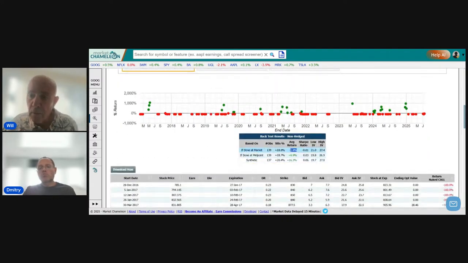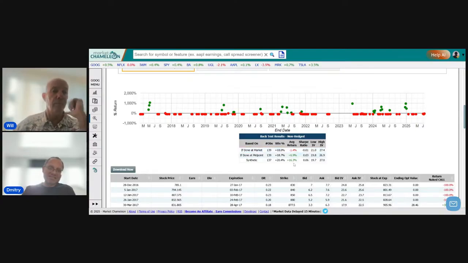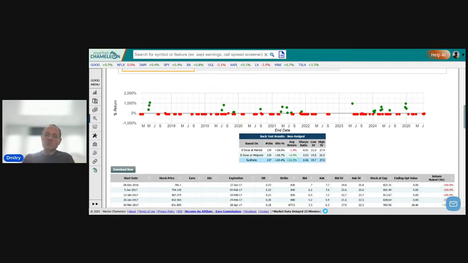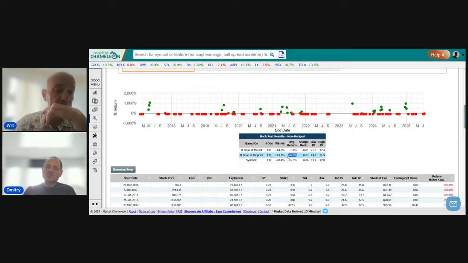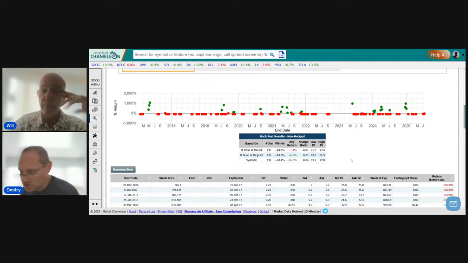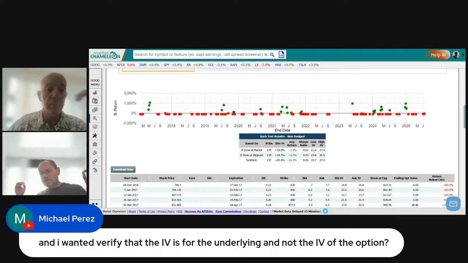If you bought the option on the ask side, on the offer each time, it resulted in a negative 1.4% return on average. But at the midpoint, it was a positive 6.9%. So what this is saying is that there's a significance in price execution or price quality, right?